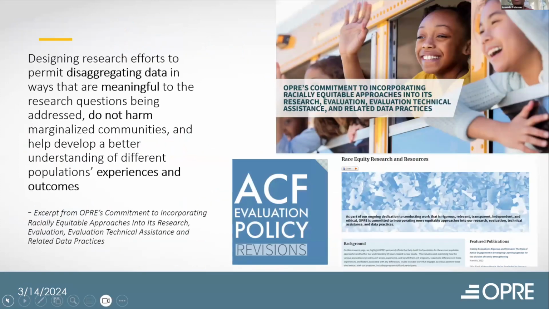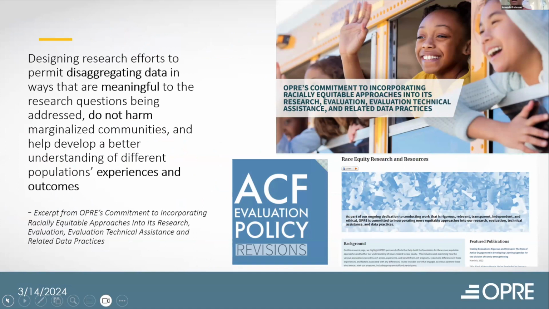So within ACF, OPRE plays an important role in conducting research and evaluation in partnership with ACF program offices. And our role is to build and disseminate knowledge about effective approaches to strengthen ACF programs that touch various populations. And we primarily do this through evaluations of existing programs using innovative approaches.